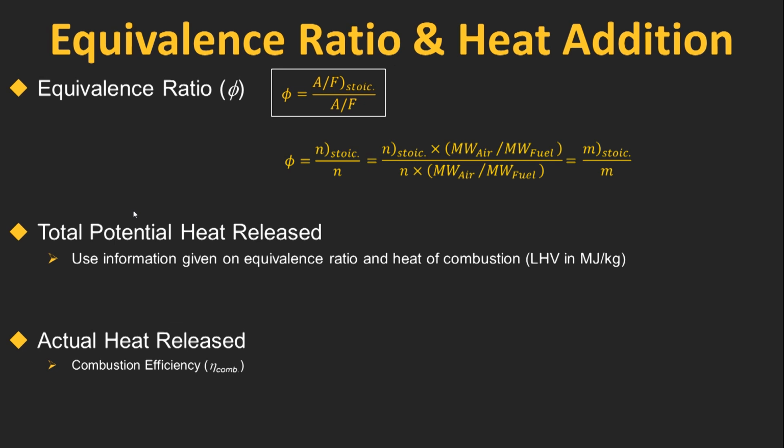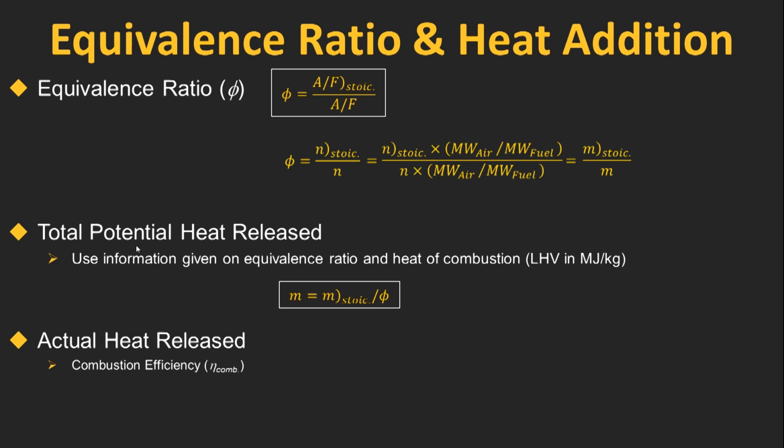Let's next proceed to the most important aspect of all of this knowledge of stoichiometry that we have just learned: heat release. If we have information on equivalence ratio and type of fuel, can we predict the heat release? To do this, we first need to figure out how much mass of fuel is put into the engine. To start, let's rearrange the equivalence ratio expression as m equals m stoichiometric over phi to obtain the actual air-fuel ratio.